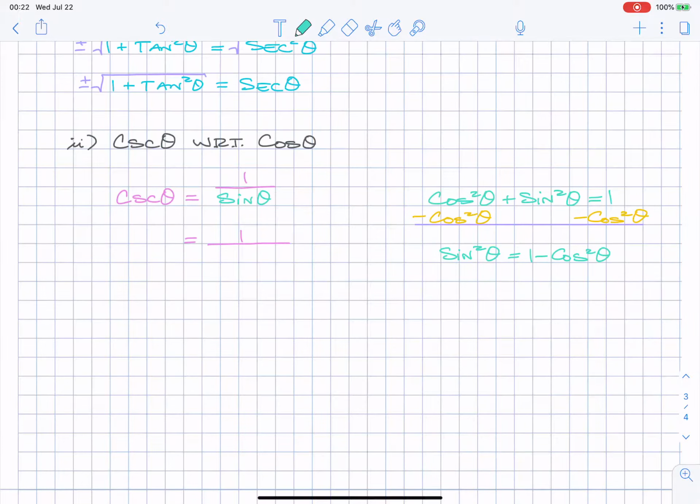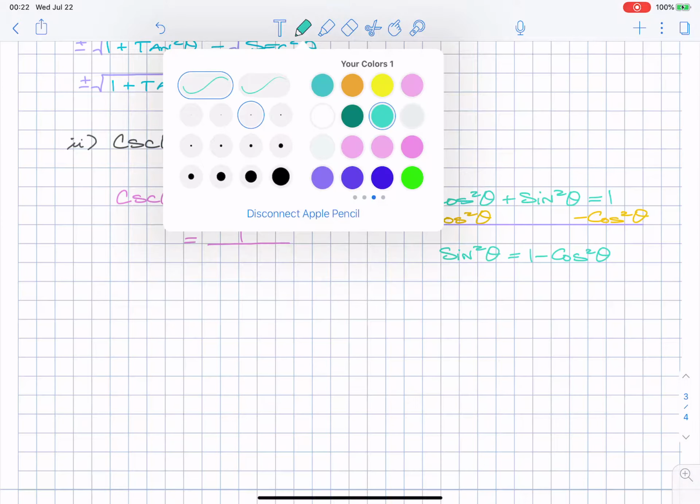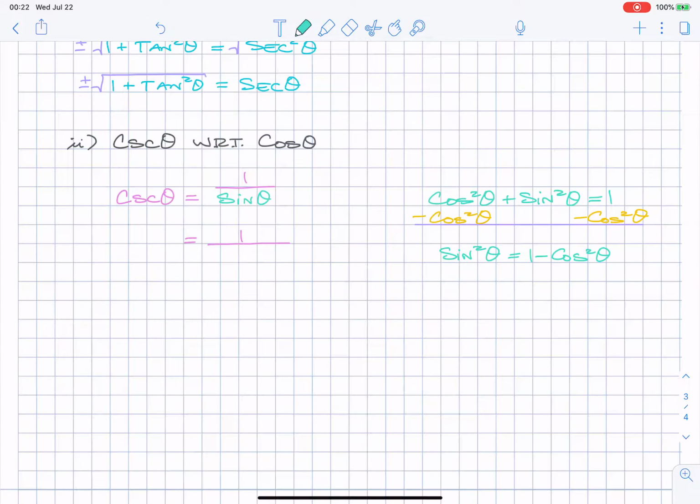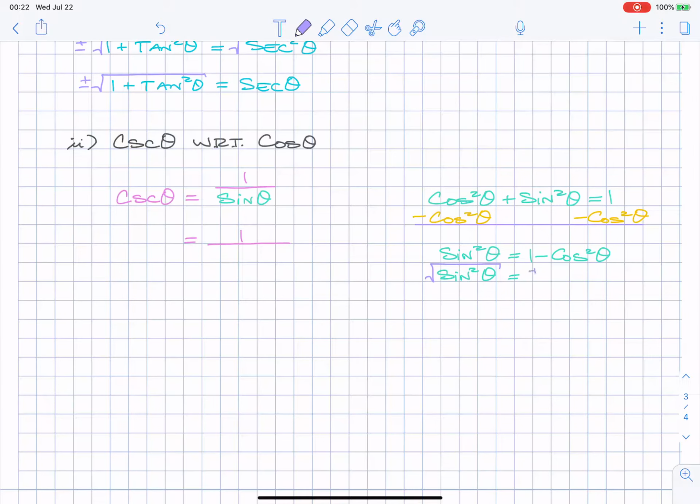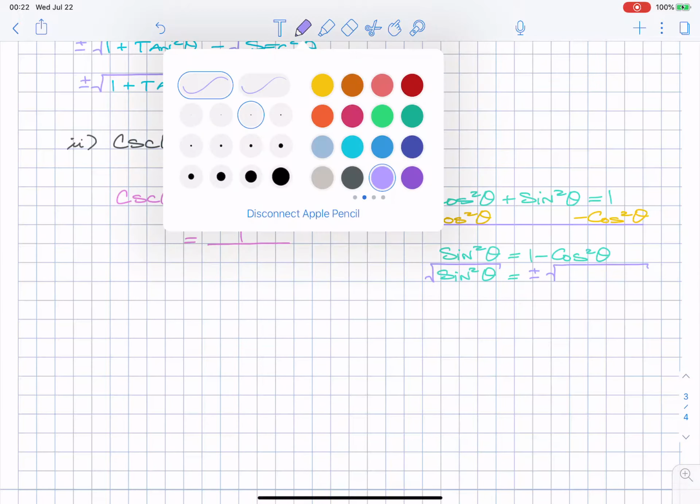So now I can take the square root of both sides. Let me rewrite this. Sine squared theta, taking the square root of that, will now be equal to plus or minus the square root of 1 minus cosine squared theta.